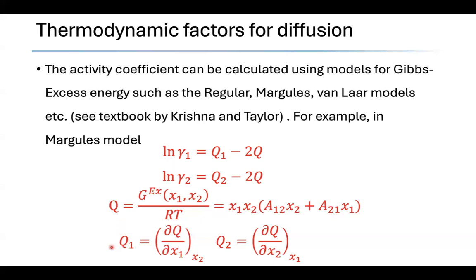Q1 is the first derivative of Q, or the Gibbs excess energy, with respect to the mole fraction of component 1. This partial derivative is taken with the condition that x2 is unchanged. Q2 is the partial derivative of Q with respect to the mole fraction of component 2 while keeping the mole fraction of component 1 the same.